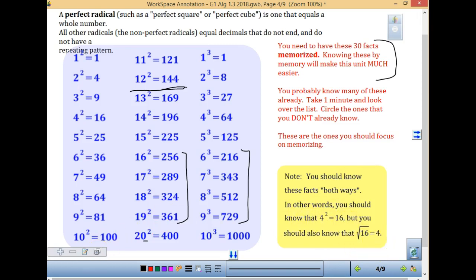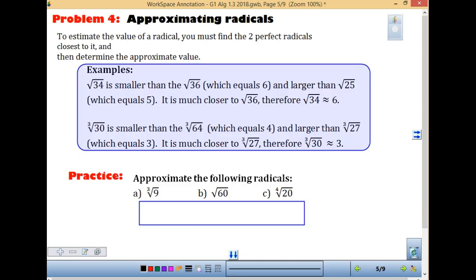Okay? So, in reading, Brecken, would you please read? To estimate the value of the radical, you must find the 2 perfect radicals closest to it and then determine the approximate value. So if we continue with this, it says, example, the square root of 34 is smaller than the square root of 36, which is 6. It's larger than the square root of 25, which equals 5.